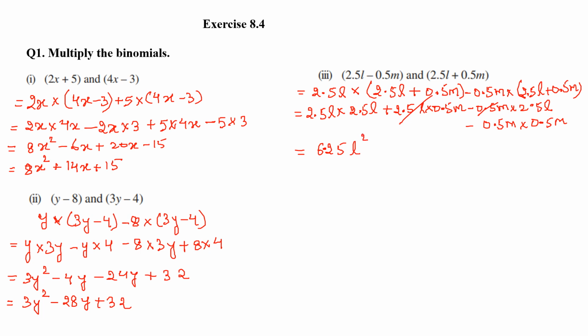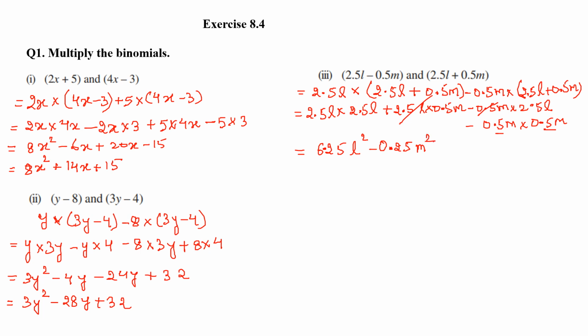Now I have only the last term, 0.5M into 0.5M. 5 into 5 will give me 25, and in 0.5 after the decimal there is 1 digit, here also 1 digit, so 1 plus 1, 2. So place the decimal point so that there are 2 digits after it. So it will be 0.25 M square.